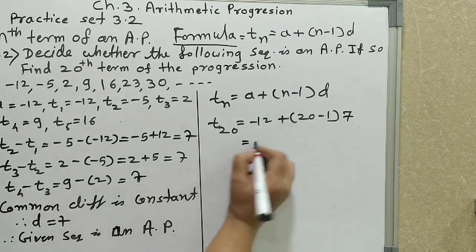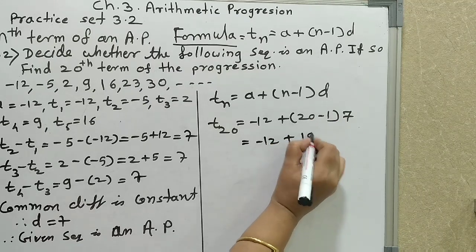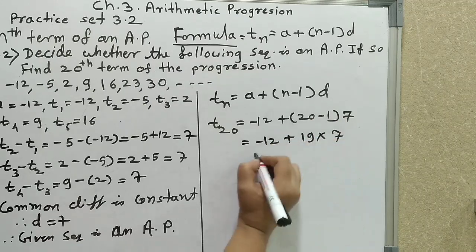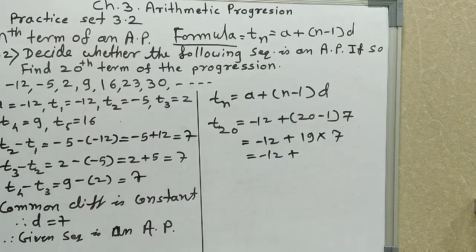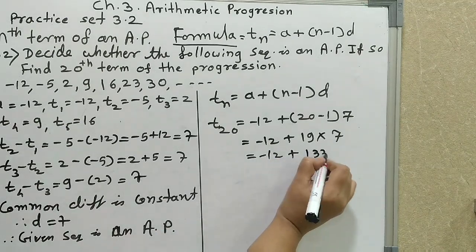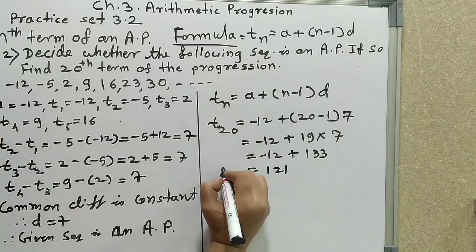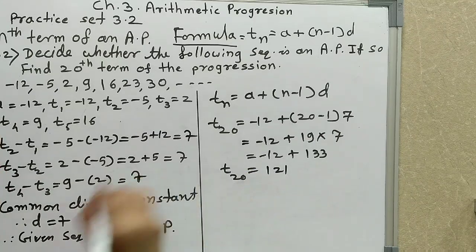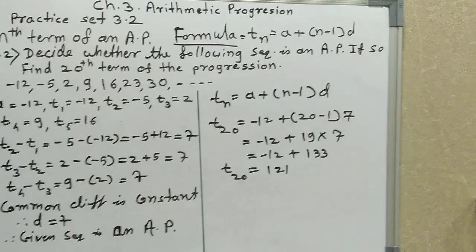Now solve this: minus 12 plus 19 into 7. 19 into 7 is 133. So minus 12 plus 133, we get the answer 121. So the 20th term of the progression is 121.